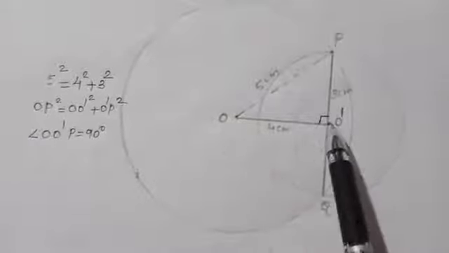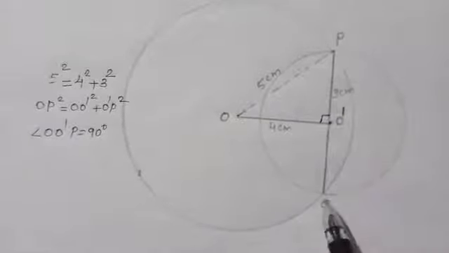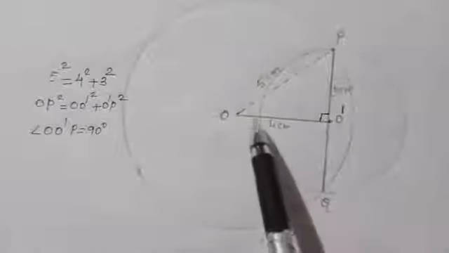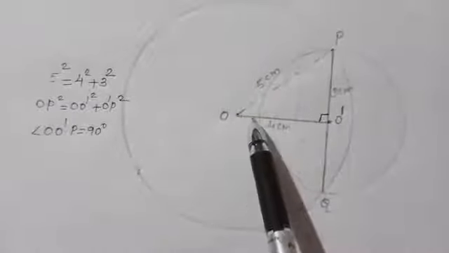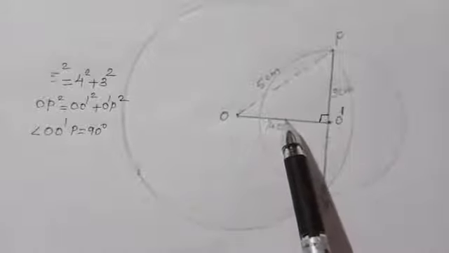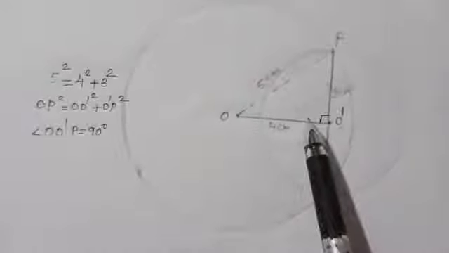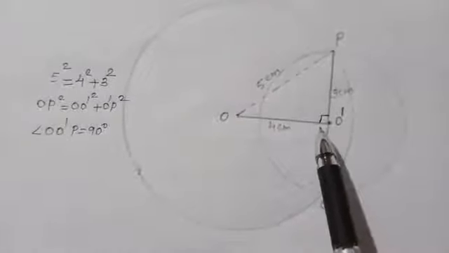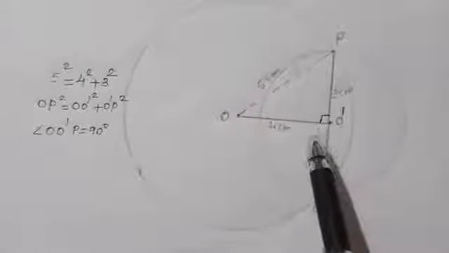That means O dash bisects PQ. The perpendicular drawn from the center of a circle to a chord of it bisects the chord.